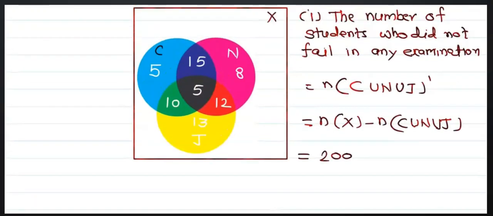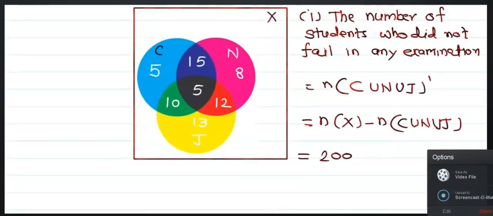In this example, these are the failed students, but we require the students who do not fail. Therefore, we will find the complement of this. n of (C union N union J) complement is equal to n of X minus n of (C union N union J). How many students are there? 200 students are there.